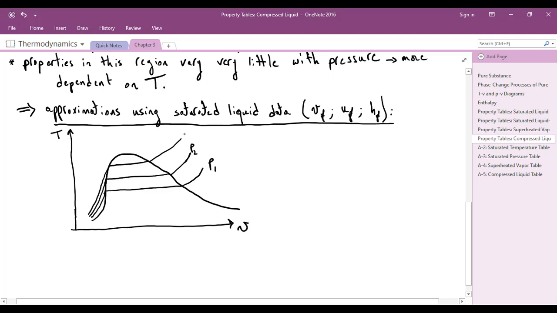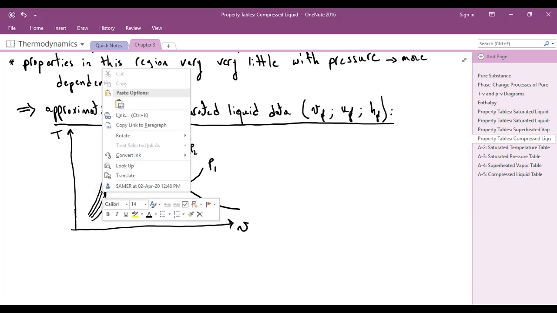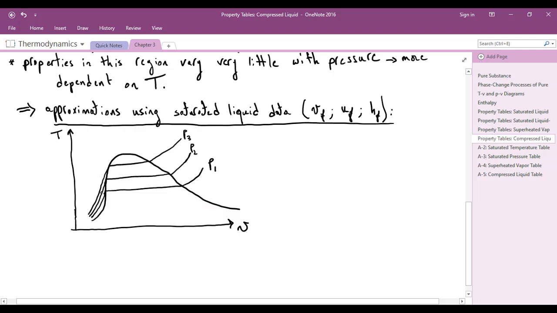Since the variation of pressure has little effect on the variation of properties, let's say this is the volume P2, this is the volume, if we draw, this is the volume V3, and this is Vf.